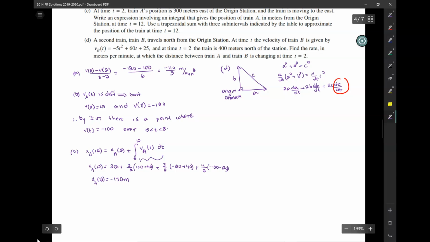We are told that when A is equal to 300, so at time t equals 2, remember in the previous problem, the position of A was 300, so A is 300, and now B is 400, so that means by the Pythagorean theorem, C is equal to 500.